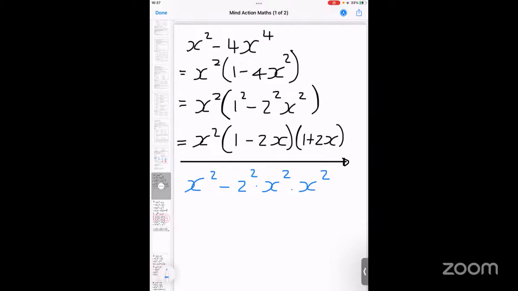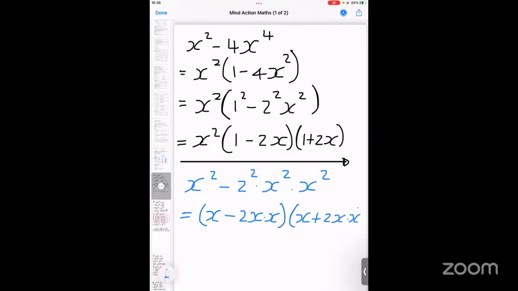Yes, I can see. Therefore, I will say x, minus 2x, x, close, and then x, plus 2x, x.